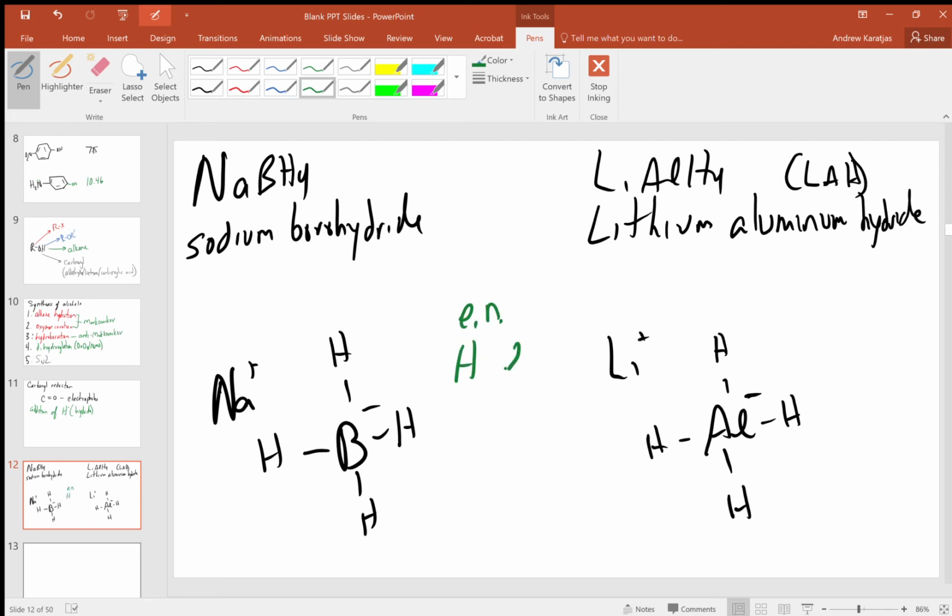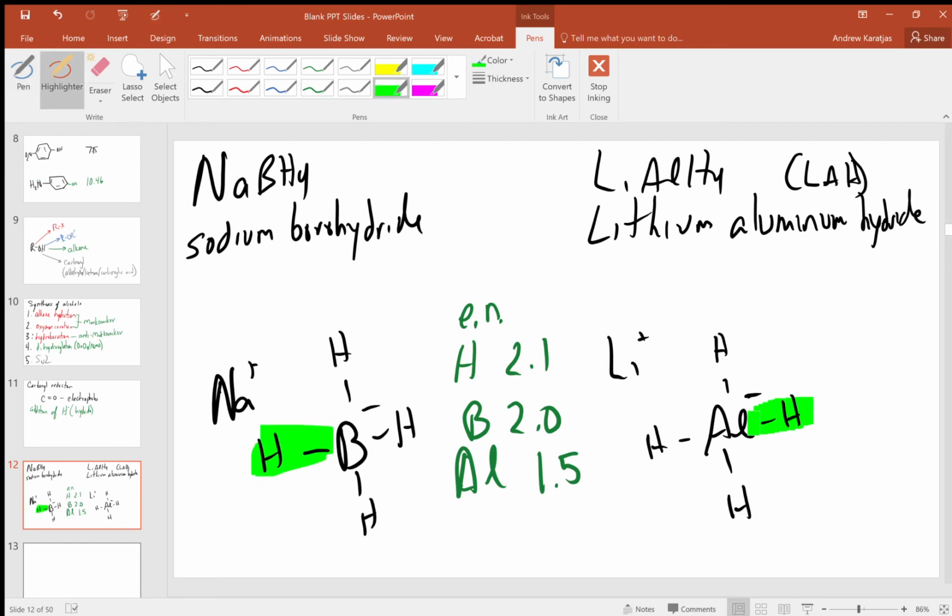So hydrogen is 2.1, boron is 2.0, and aluminum, which we find below boron, is 1.5. So what we have here is something fairly unusual. And that's that we have hydrogen being bonded to elements that are actually less electronegative than hydrogen. So these boron-hydrogen bonds, as well as these aluminum-hydrogen bonds, are all polarized toward the hydrogen.